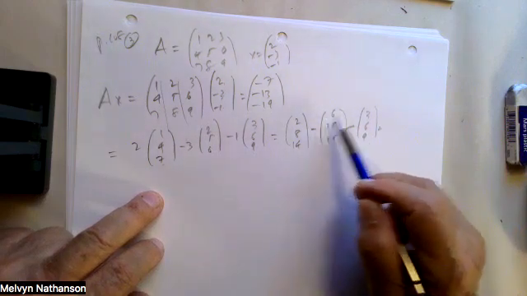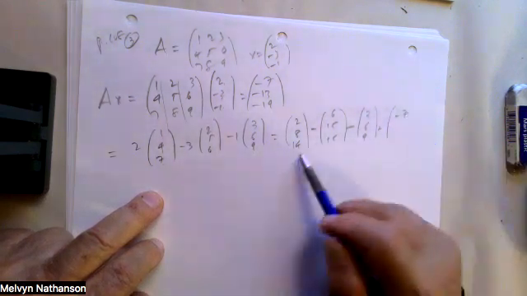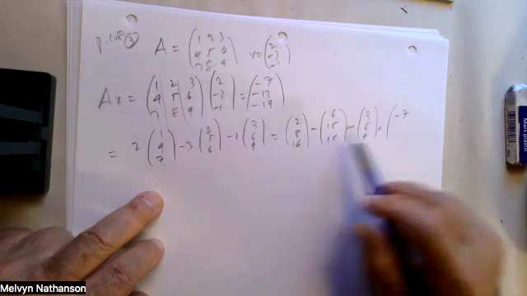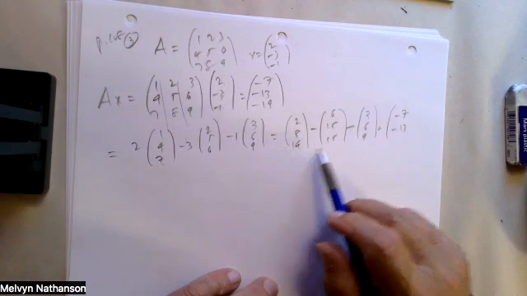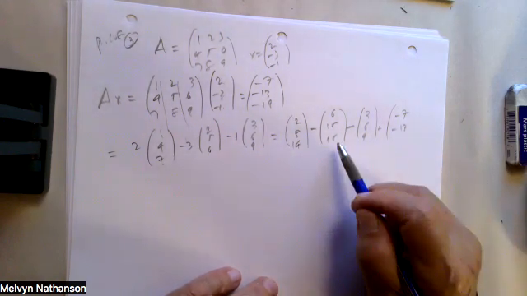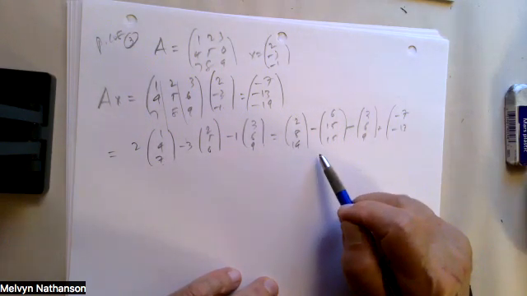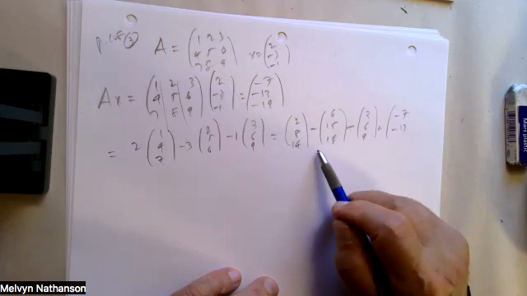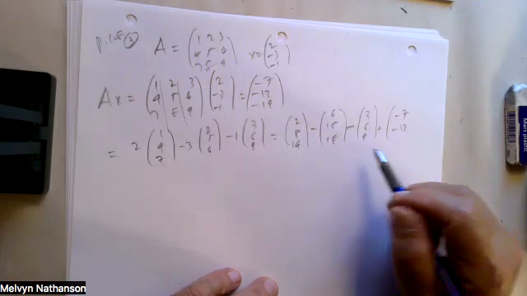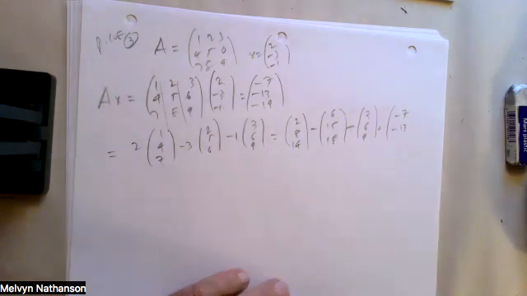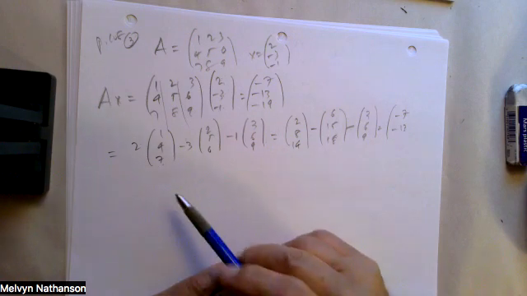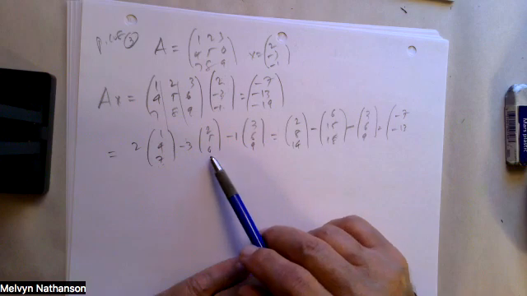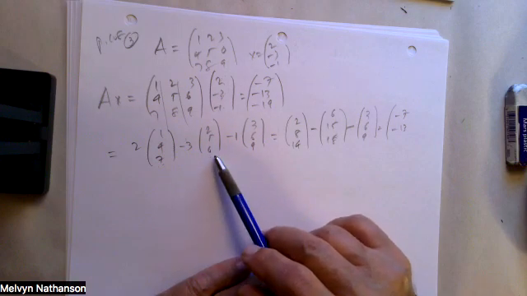So I get 2 minus 6 minus 3 is minus 7. 8 minus 15 minus 6 is minus 13. Third coordinate: 14 minus 24 minus 9.